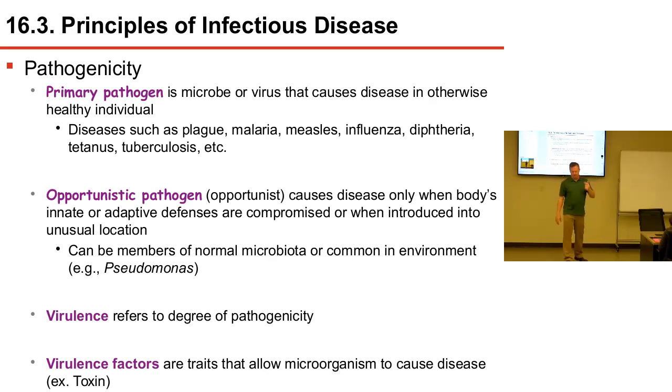Virulence factors are the weapons that that particular pathogen has to cause disease. All right, so for instance, what we have up there is toxin. Corynebacterium diphtheriae causes diphtheria. The bacteria itself doesn't really do a whole lot. The bacteria itself is not the problem. The problem that causes sickness is its virulence factor, the toxin.